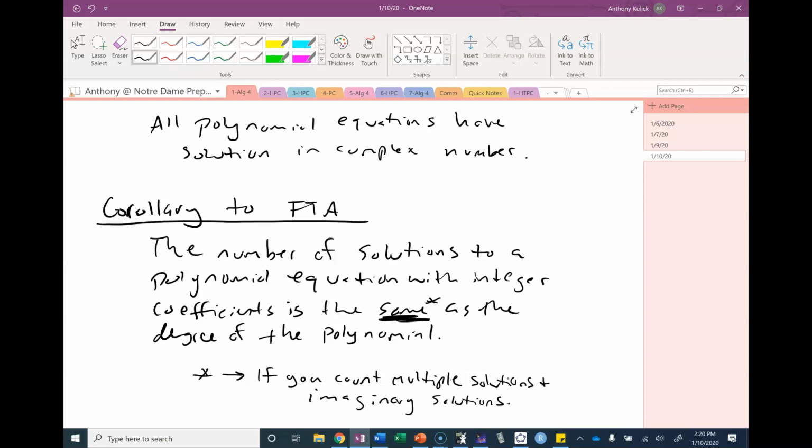So if you count everything, then the degree is the same as the number of solutions. But you have to count all the solutions, regardless of whether they're used multiple times and regardless of whether they are real or imaginary.